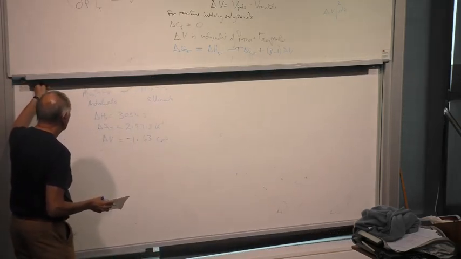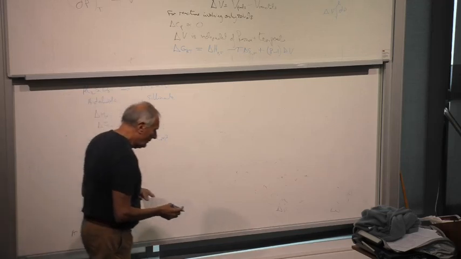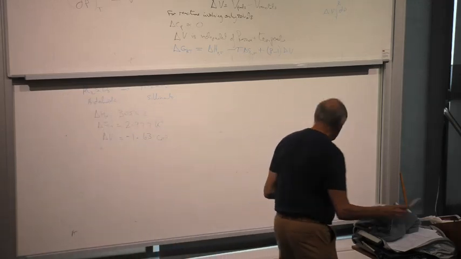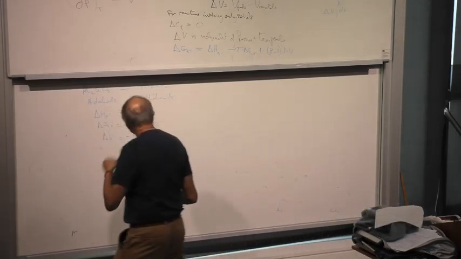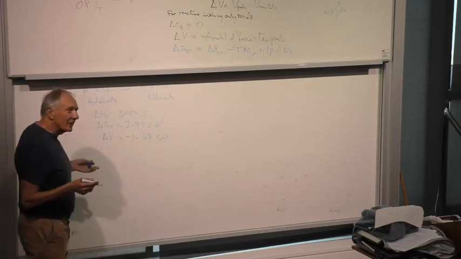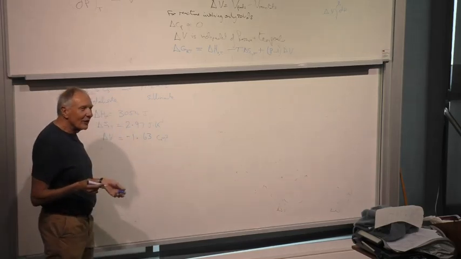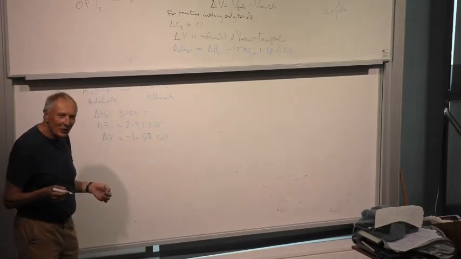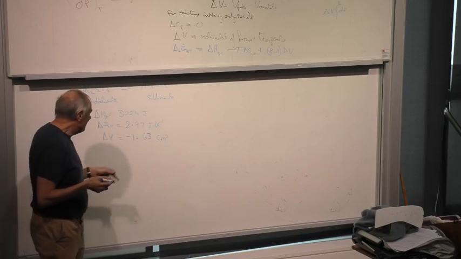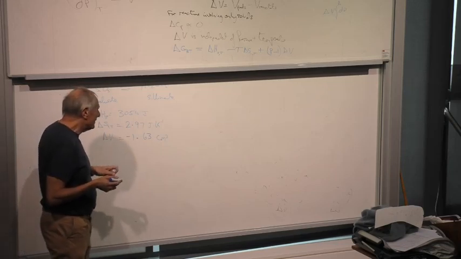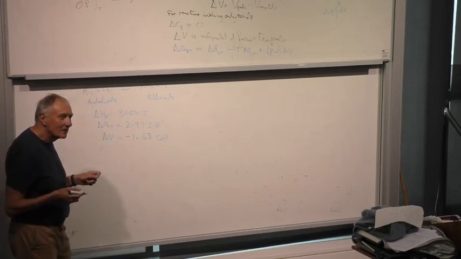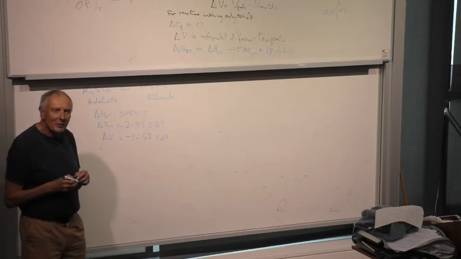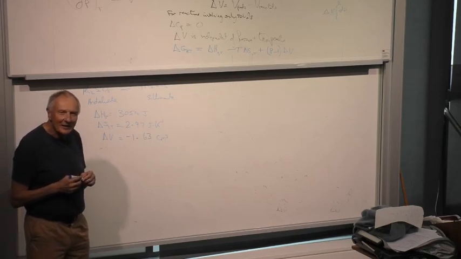Okay. So let's think about units here, because we're working in joules, which is an SI unit. The SI unit of volume, of course, is meter cubed. So that's 1.663 times 10 to the minus 6. And what's the SI unit of pressure? Joules per bar? No, the SI unit. Pascal.